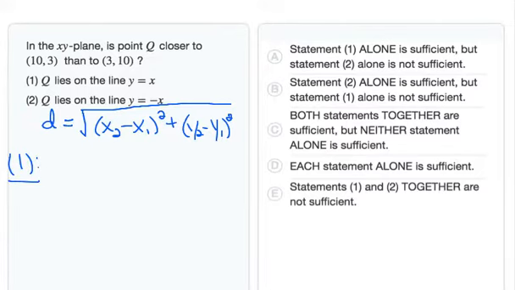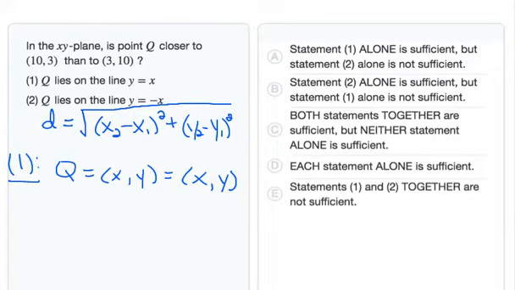For statement 1, we're given that Q lies on the line x equals y. We can represent this point as Q equals x comma y, or x comma x because y is equal to x since it lies on that line.